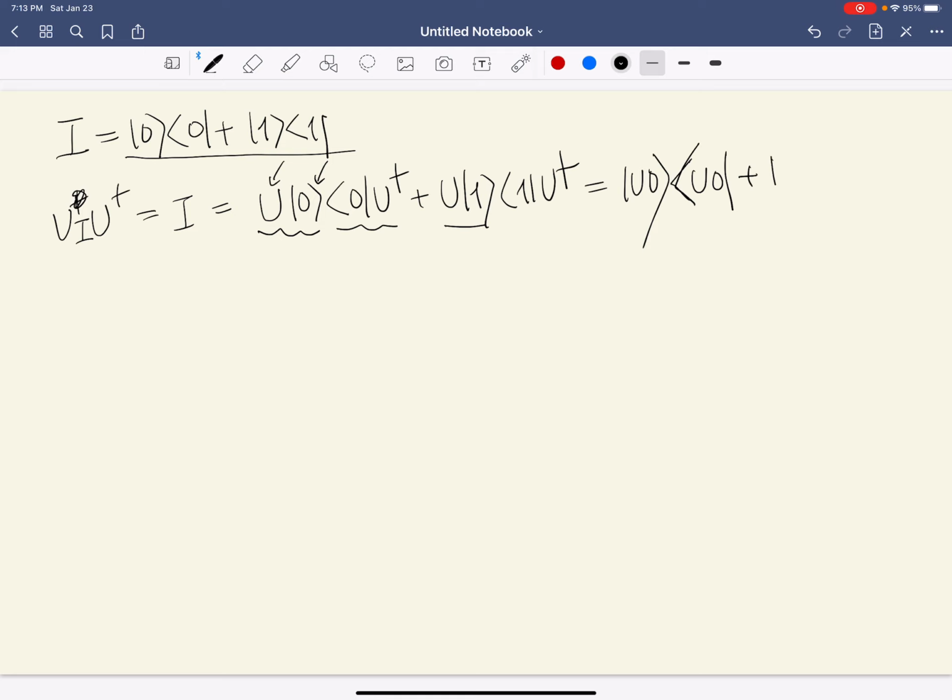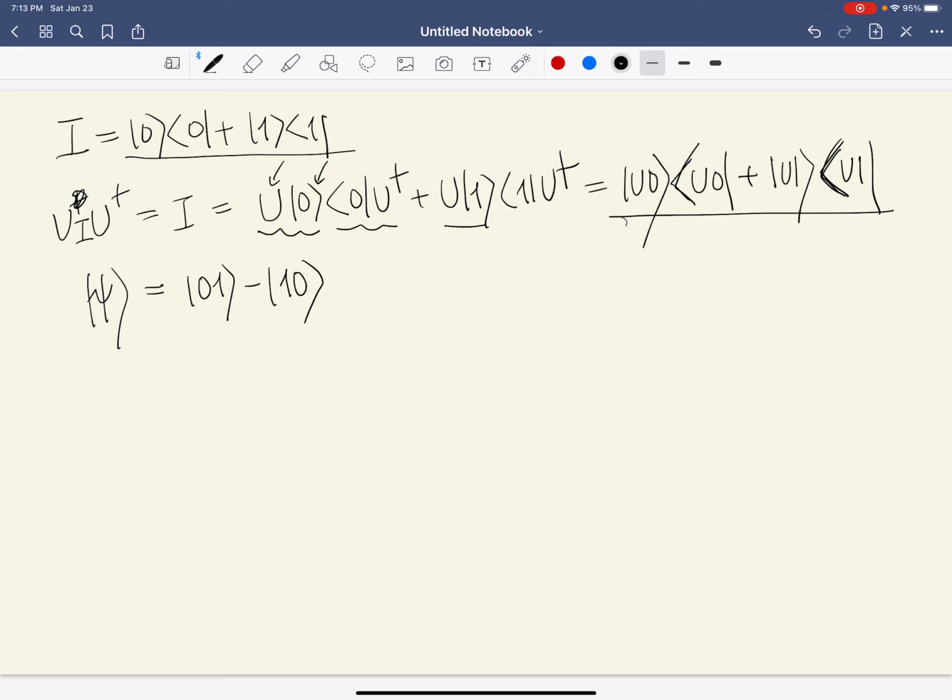And this thing will be called u1, and this will be the u1 with the arrow going the other way, like this. Okay, so this is still an identity. So let's say we apply this identity to some state. And let me choose this state to be the good old singlet state.